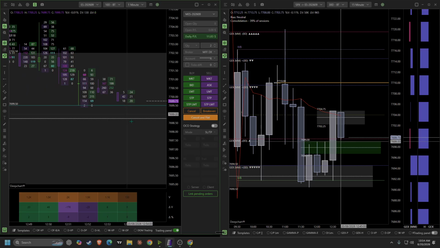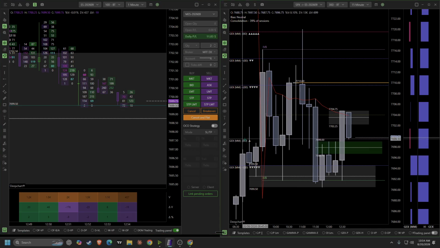All right, so we're at this big level where a large player stepped in and bought 599 contracts to the upside. We're now at this negative gex level. It's a small level, so I'm not going to put too much weight on it.